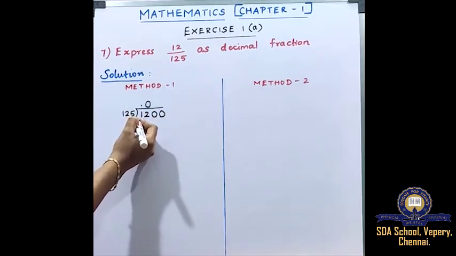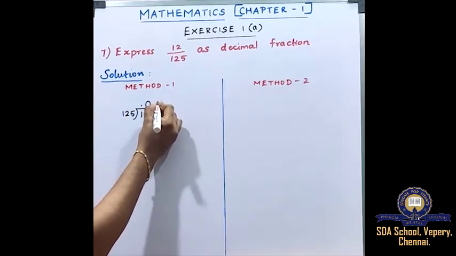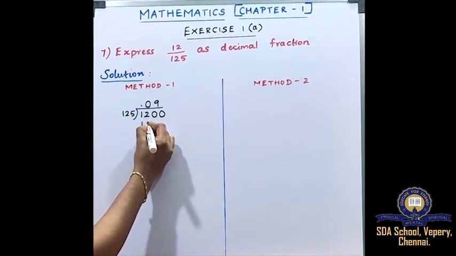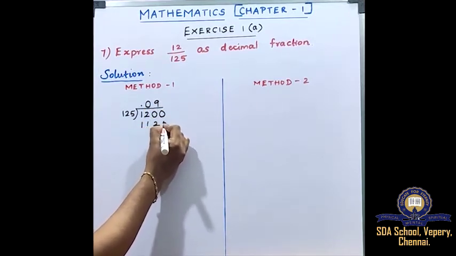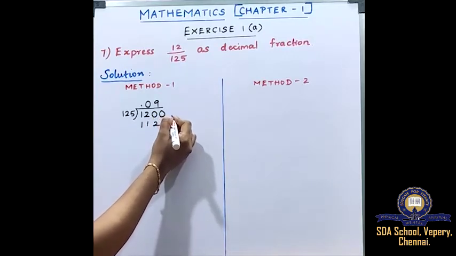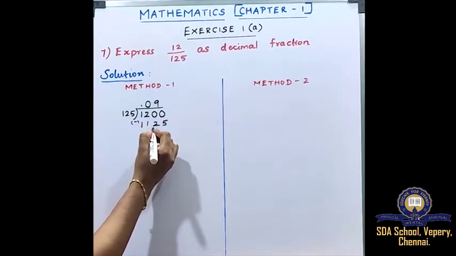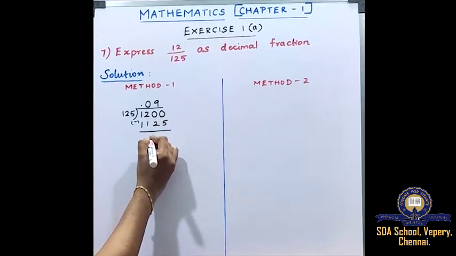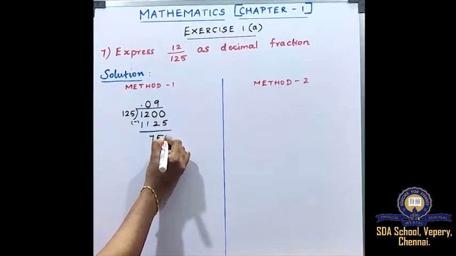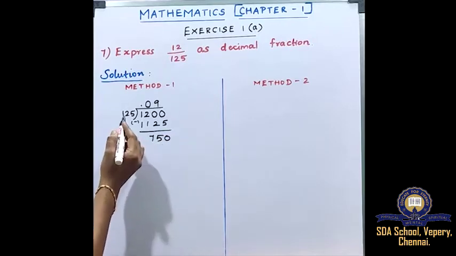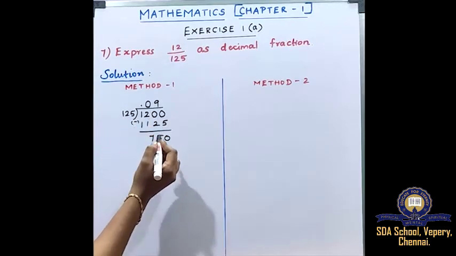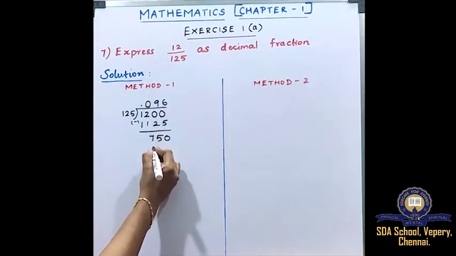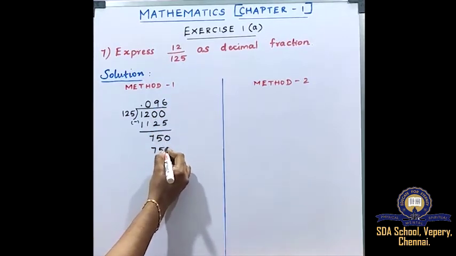Now 125 into 9 is 1125. If you subtract these two terms, we will get 750. Now again 125 into 6 is 750.